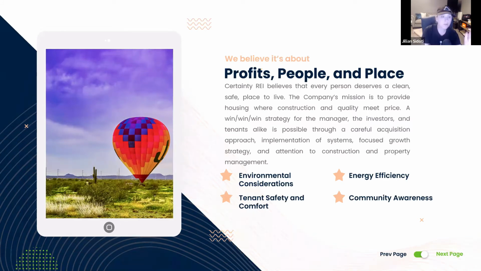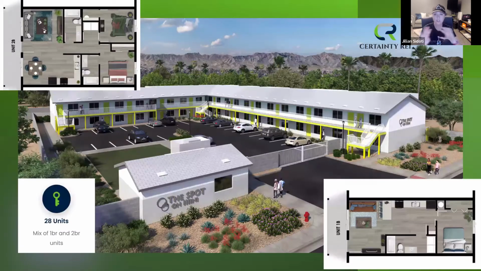And every building that they do takes into consideration the surrounding area, the surrounding vegetation and atmosphere. And so what we like to do is have bright colors in a lot of our buildings to complement the surrounding area.